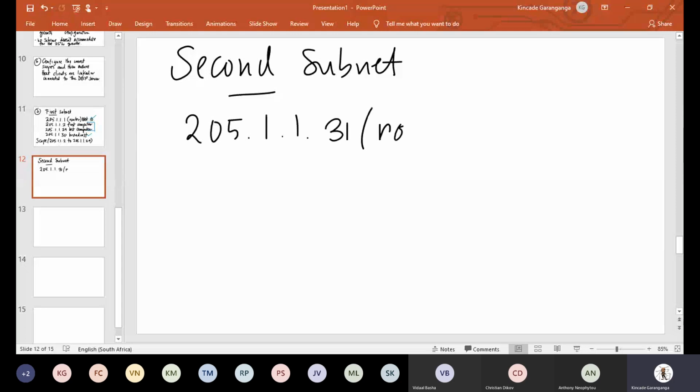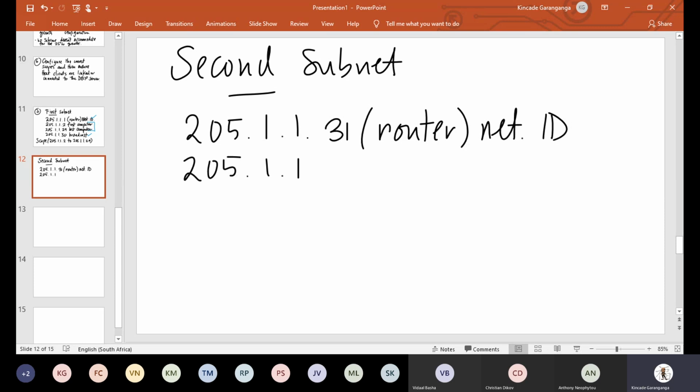That's going to be assigned to your router. Like we said before, that's your network ID. And then the first assignable IP address that actually can be given to a machine there is going to be 1.32. So that's going to be your first computer.